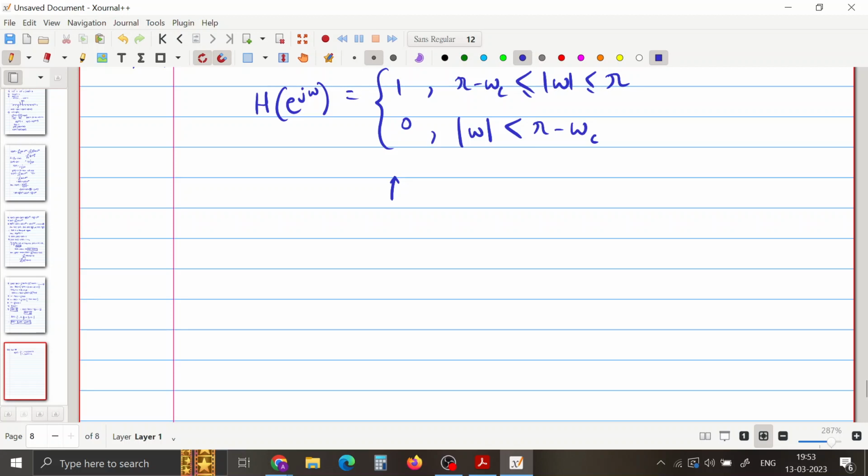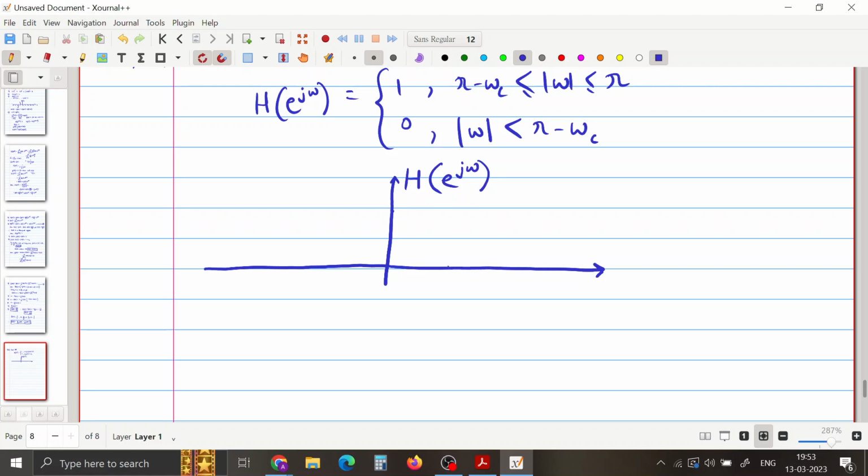So if you just draw the frequency response, my drawing is horrible, but just an approximate drawing.